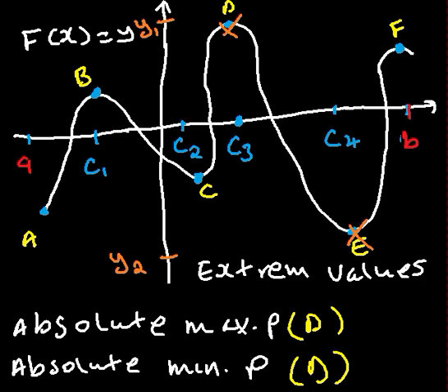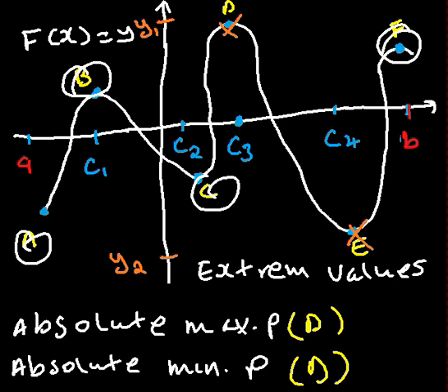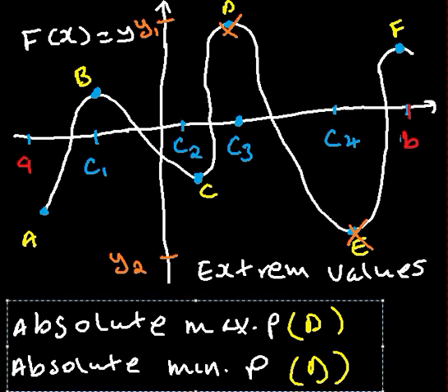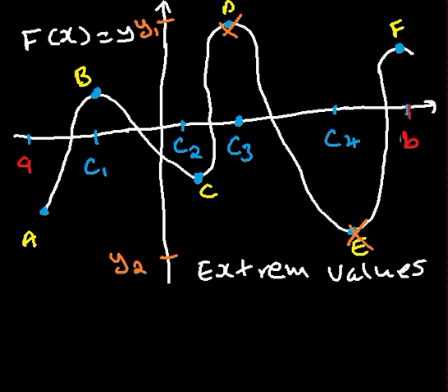If we consider a point A, point B, point C, as well as the point F, which point is the largest overall? The highest point overall for the remaining points is given as a point F. And therefore, a point F is known as the local maximum point.